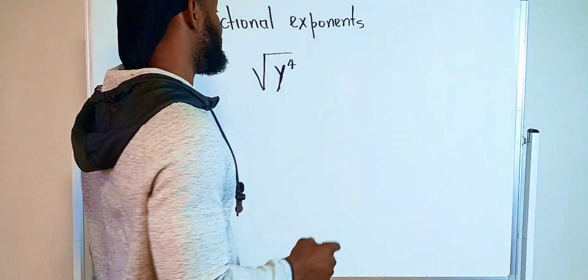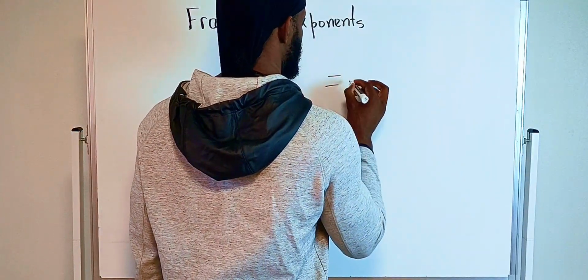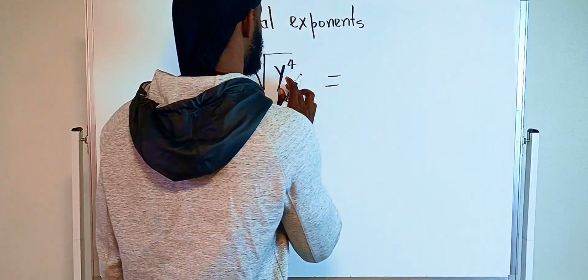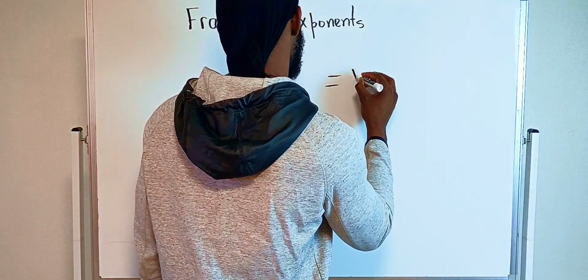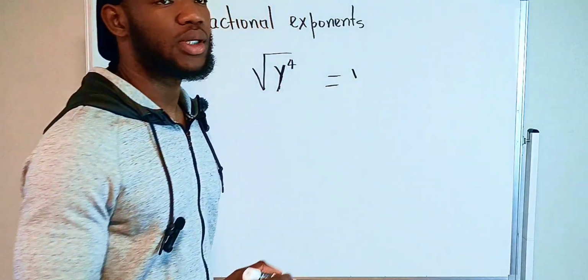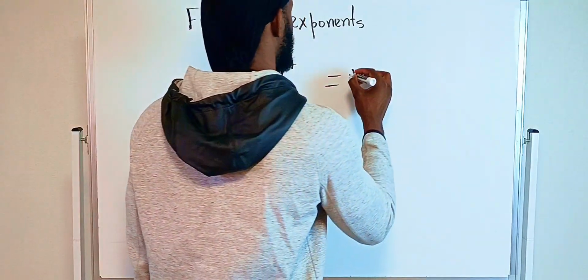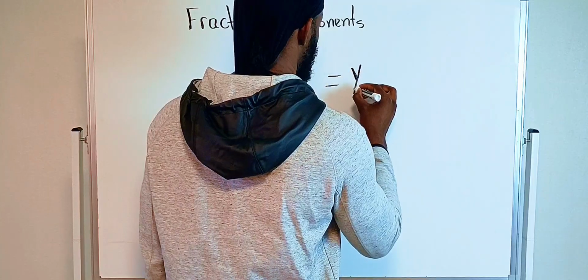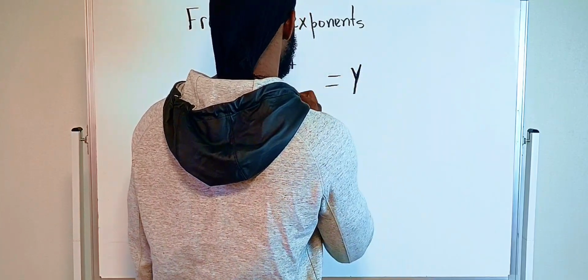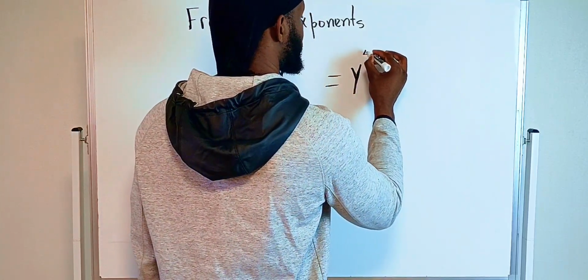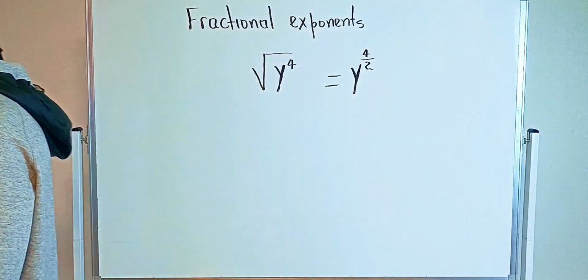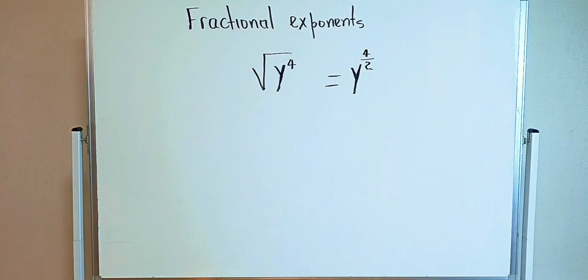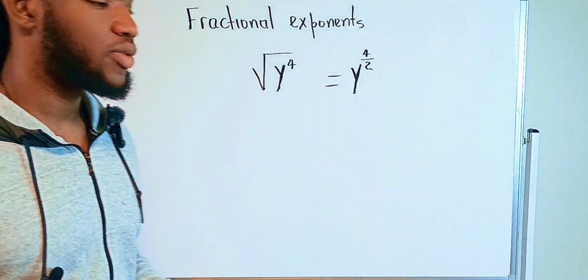So let's go. How do you do that? You got this one, guys. It's gonna be written like this: y with exponent 4 over 2.